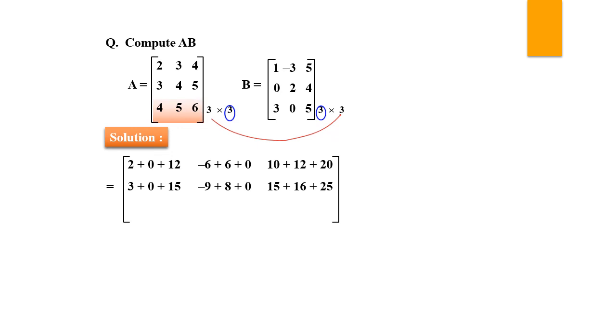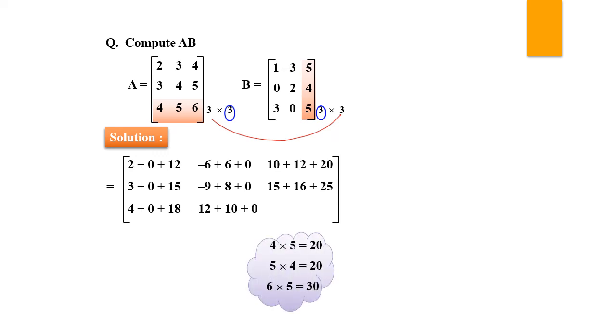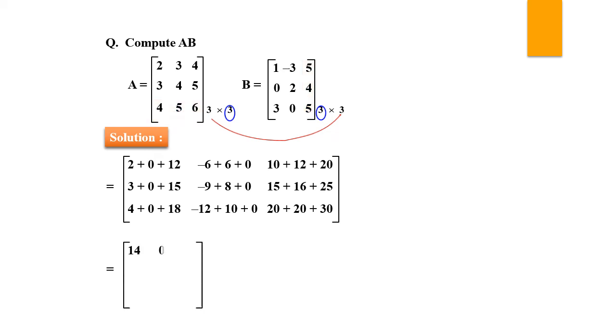Next, multiply the elements of R3 with C1, C2 and C3. So we get 4, 0, 18. Next, minus 12, 10 and 0, 20, 20 and 30. So add all the elements.